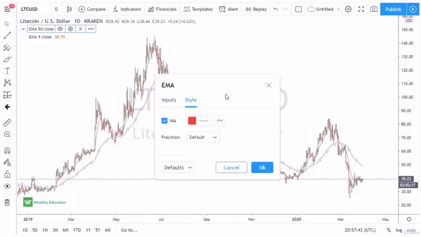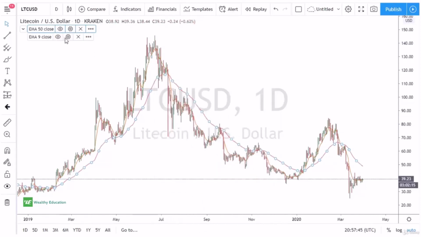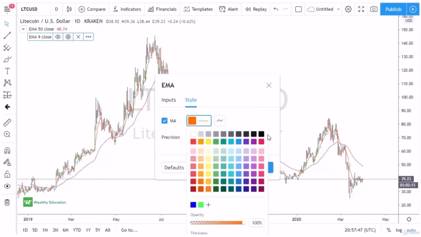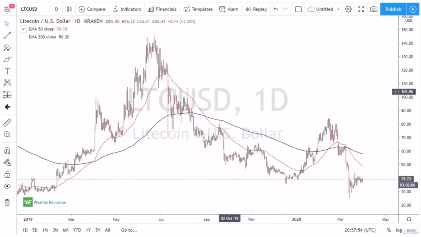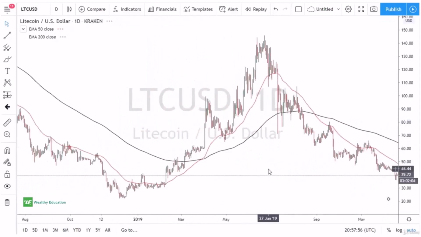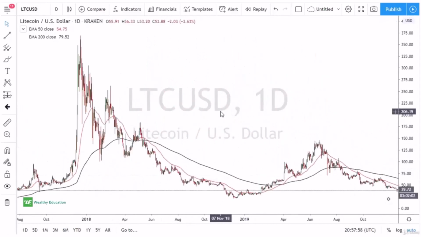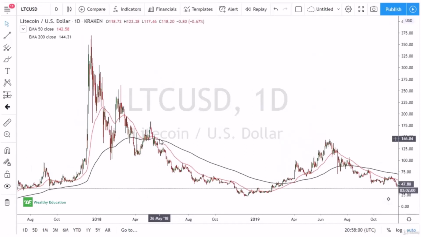We'll make that red. Let's go with black on the 200 on the daily. This sets up an obvious up and down trend type of situation. You can see that we got a death cross there, and certainly that was a selling opportunity.